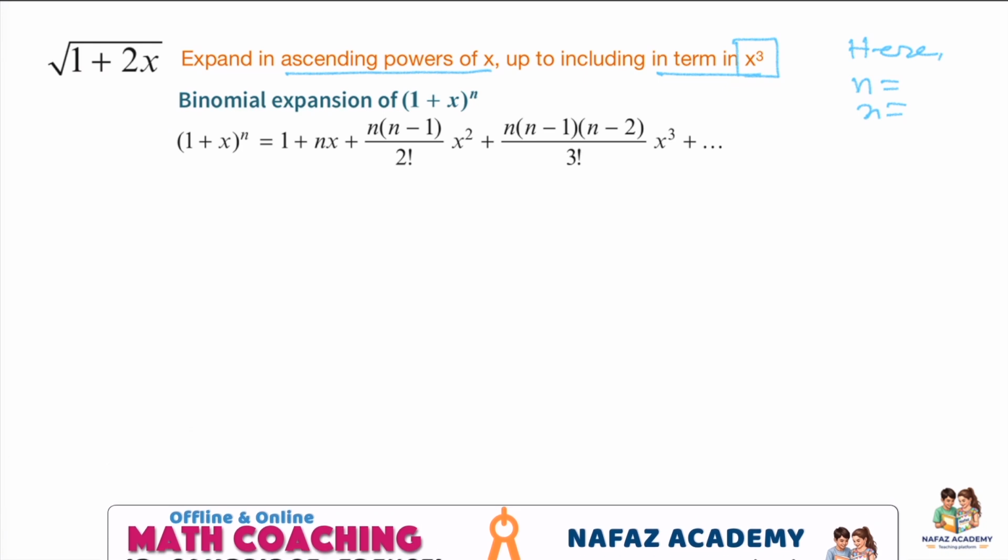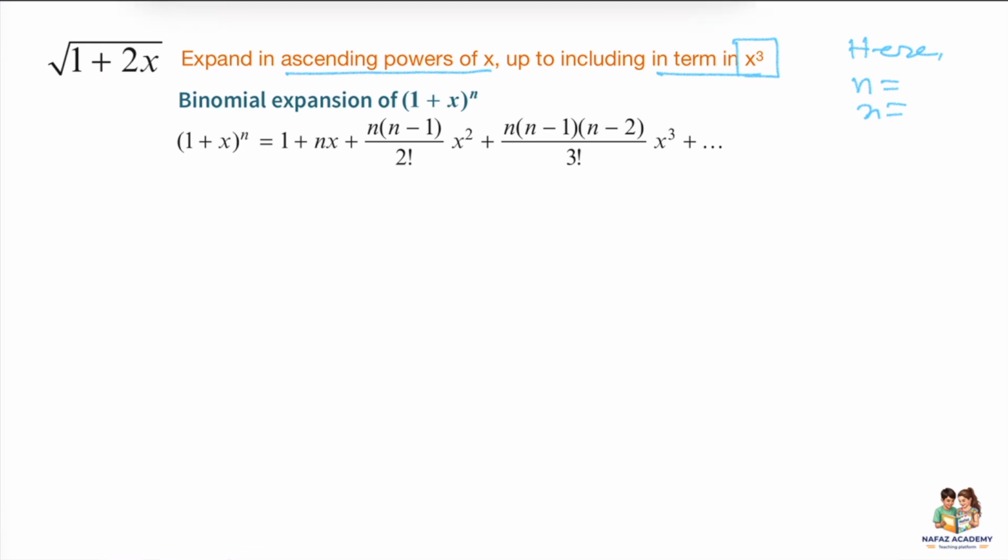You have to memorize these rules. It is very easy to memorize, but to use these rules the factor must start from 1, that is 1 plus x, 1 plus 2x, right? It is starting from 1, not 2, not 3, not others.